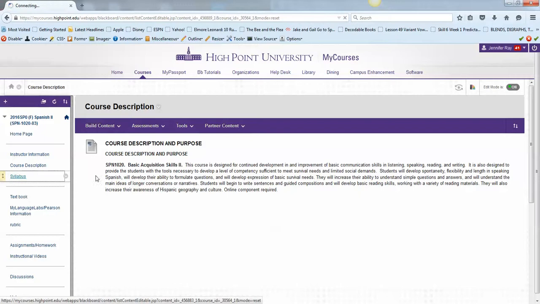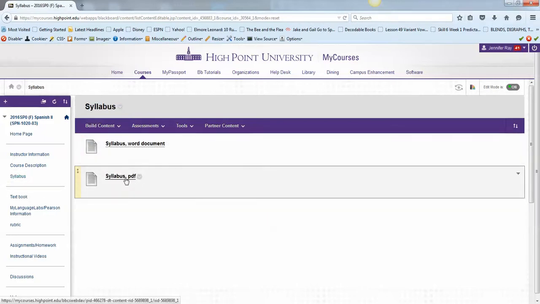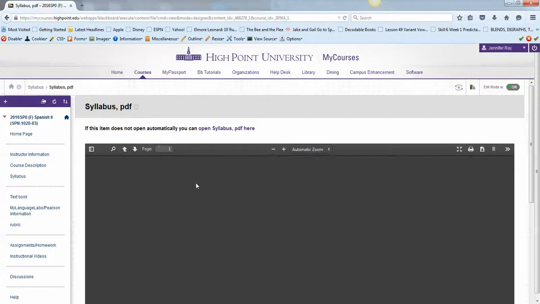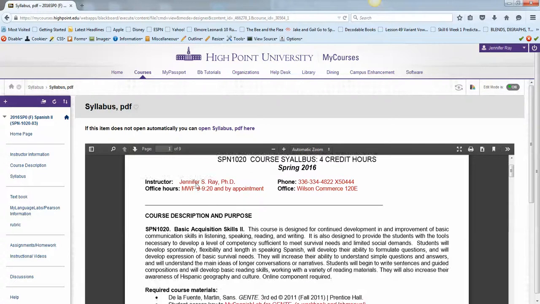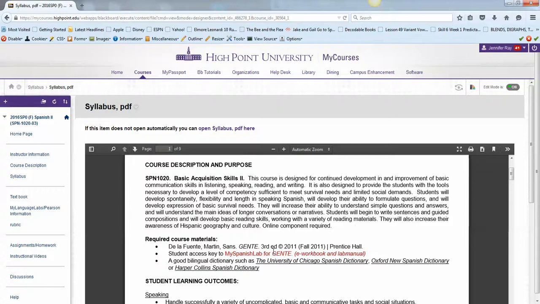So then if you want to pull up the syllabus, over here you'll see I have the syllabus as a Word document and as a PDF. So you can pull it up however best suits your needs. And it tells you again where I'm at. I've given my phone number, my email. Again, you can find under instructor information. I'm not sure why I didn't put it out here as well.